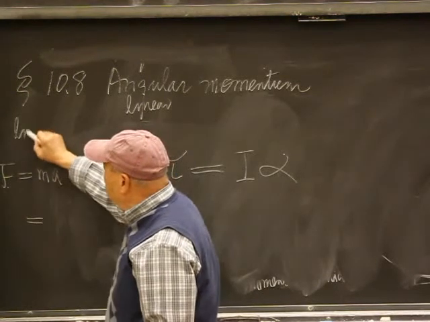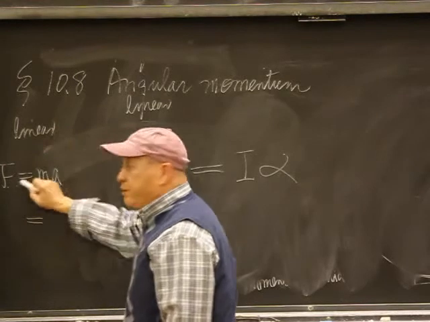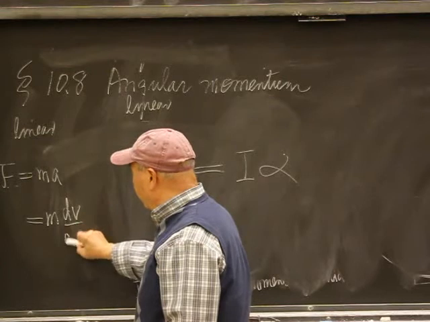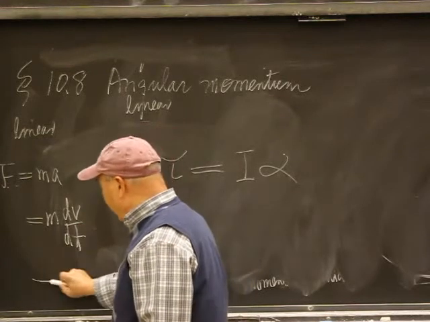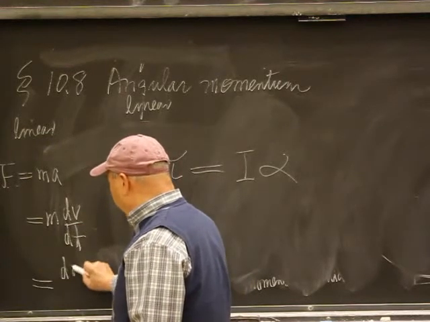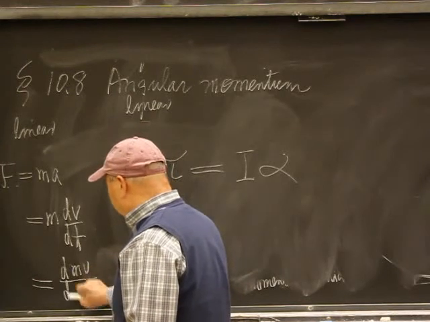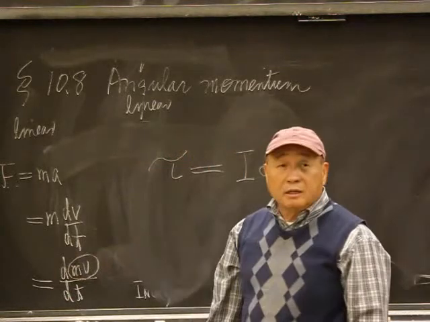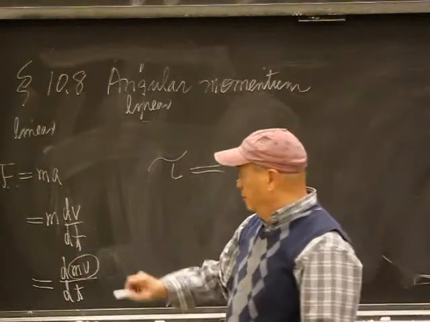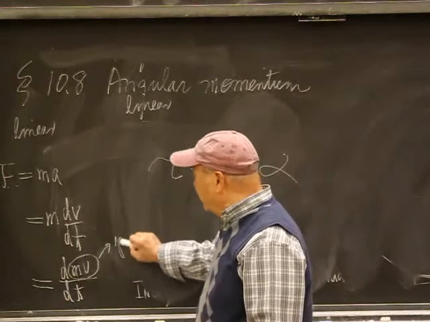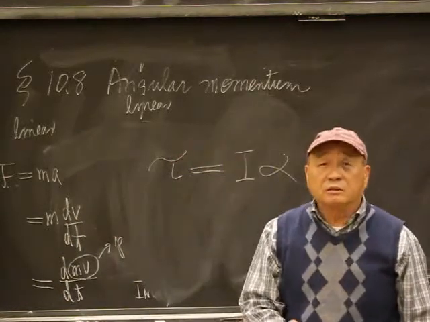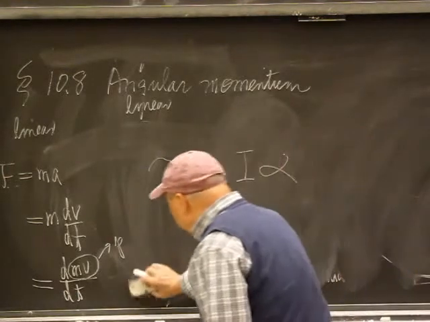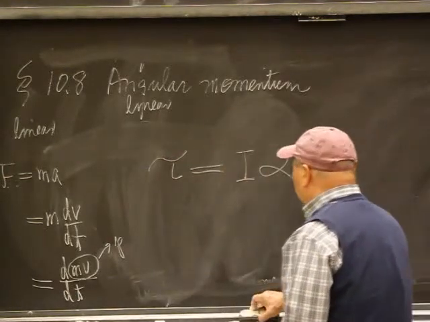For linear motion, F equals ma, which equals m dv/dt, and after that d(mv)/dt. Then we define mv as momentum. So by observation, the force is equal to the time rate of change of momentum. So now we use the same game to do it.